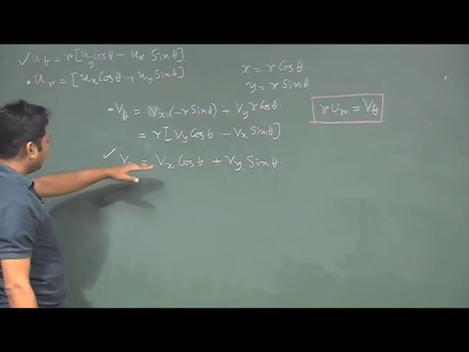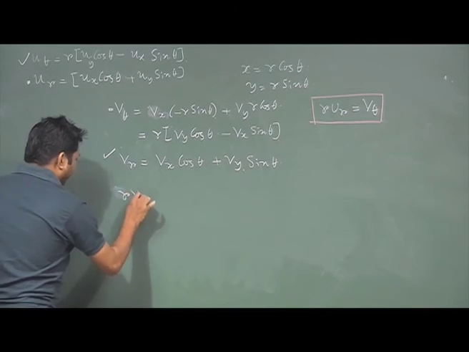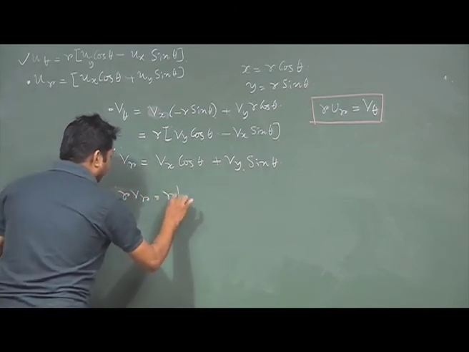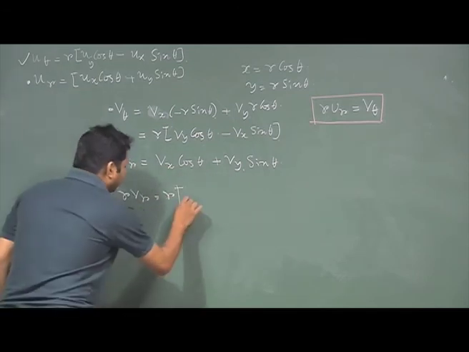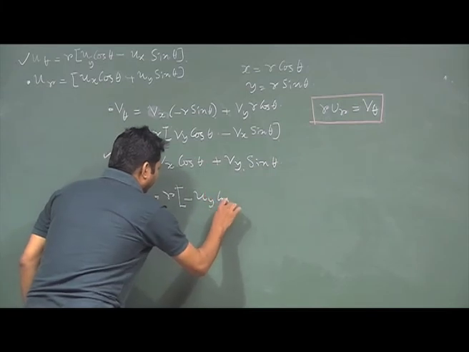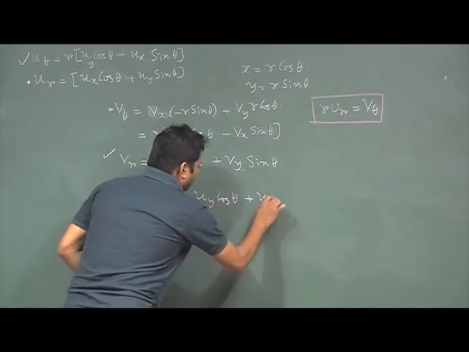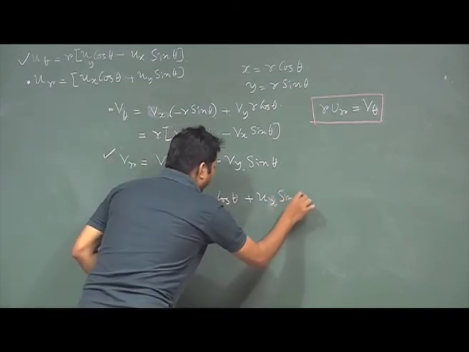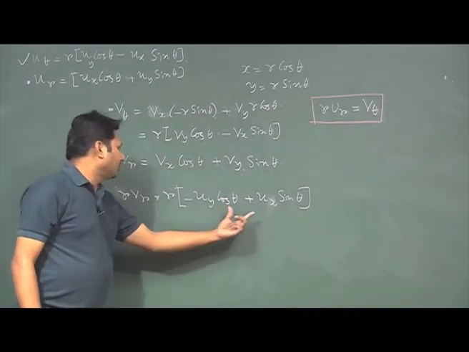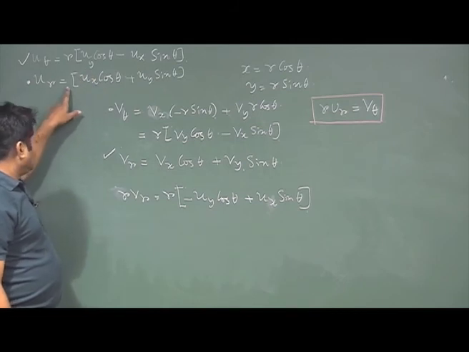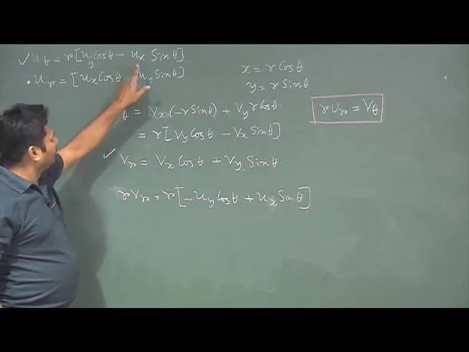So, again if I multiply this with r, so r V r is r, I will change this V to u. So, V x is minus of u y cos theta and V y is u x of sin theta. If I do that, this quantity is here, u y cos theta and u x with a negative sign.